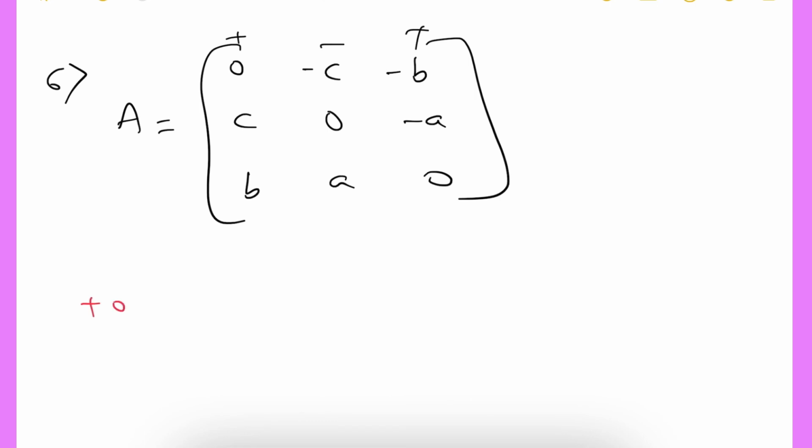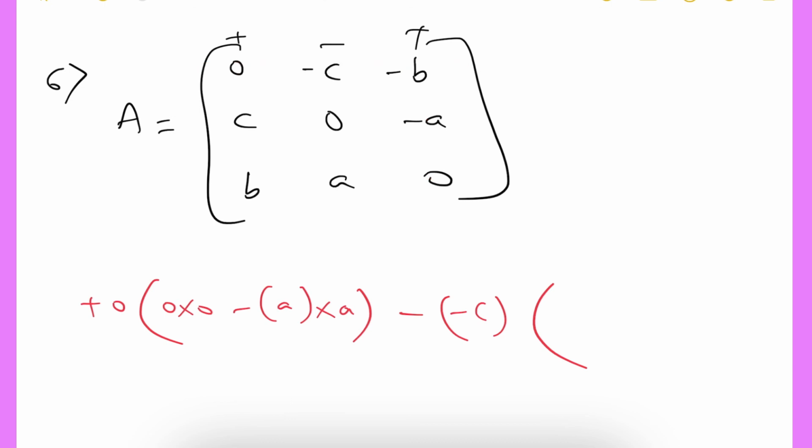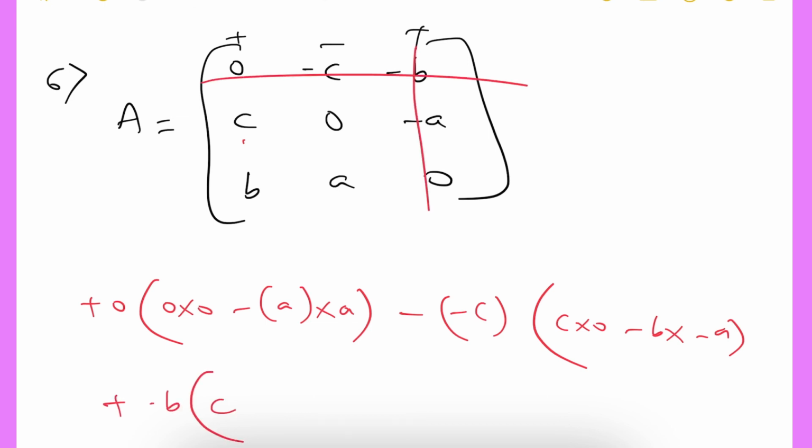So first plus 0 into 0 minus A into A. Then minus C into, if we remove the C row and C column, we remain with C into 0 minus B into minus A. Then for the last element, plus minus B into, if we remove this, C into A minus 0 into B. Okay, let us simplify this.